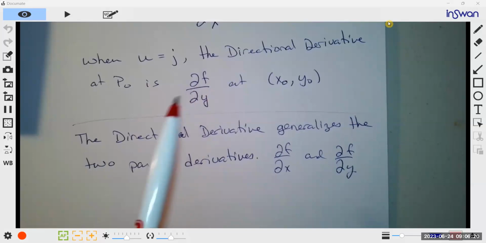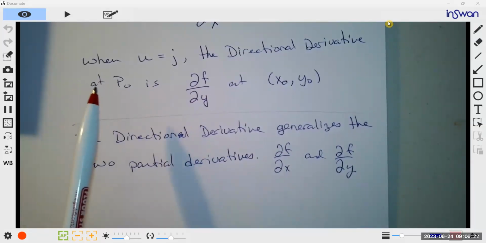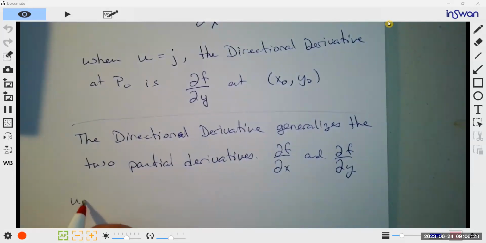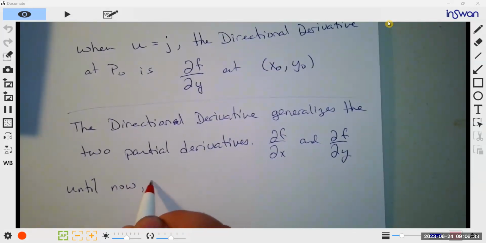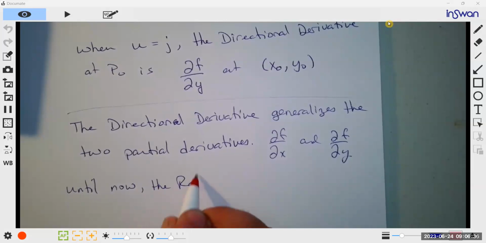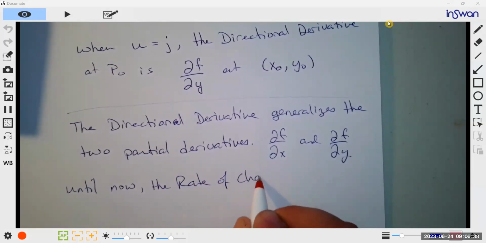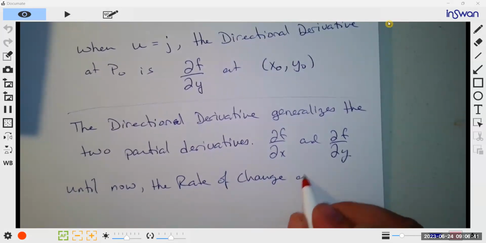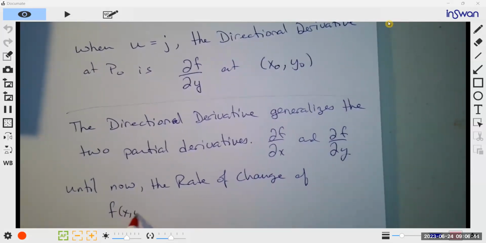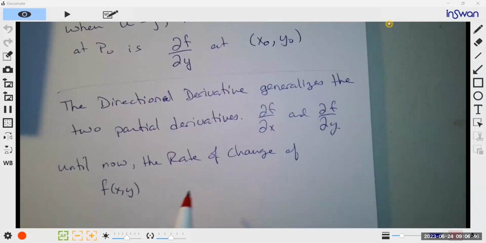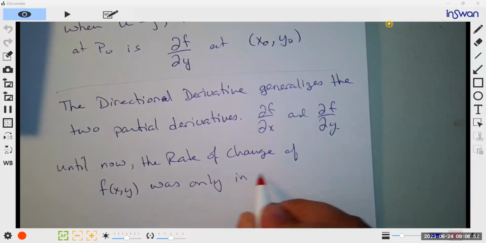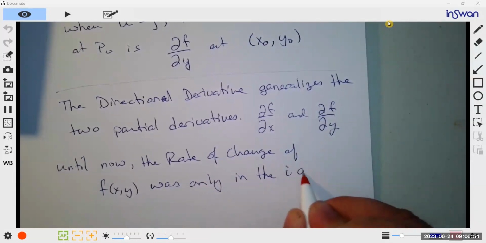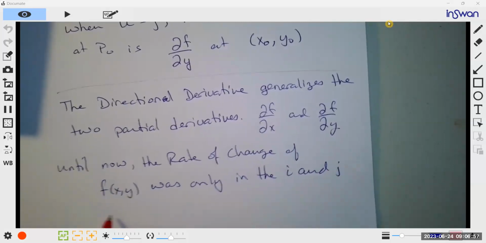Okay, notice how we're looking at the unit vector u with respect to i and j. Until now, the rate of change of any function f of x, y, or it could be 3 dimensions, was only in the i and j directions.